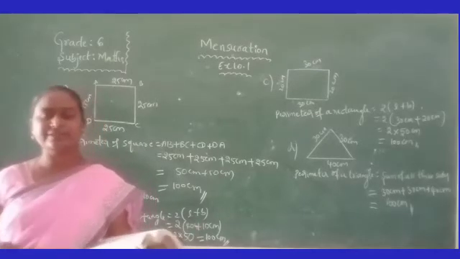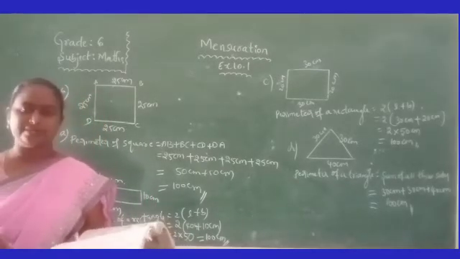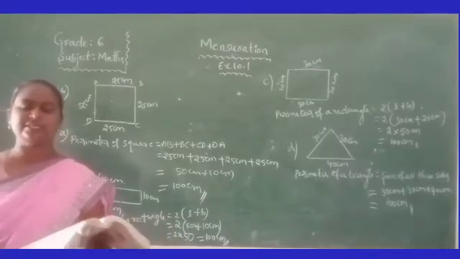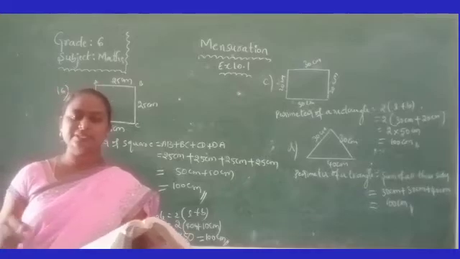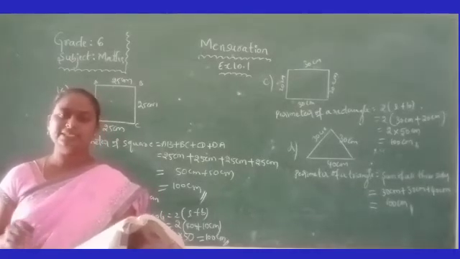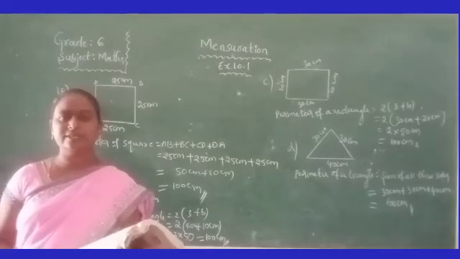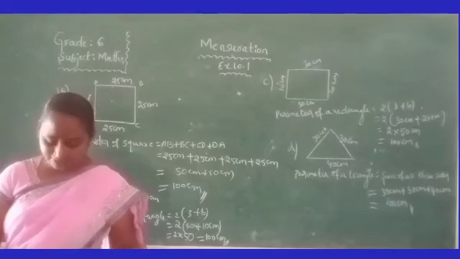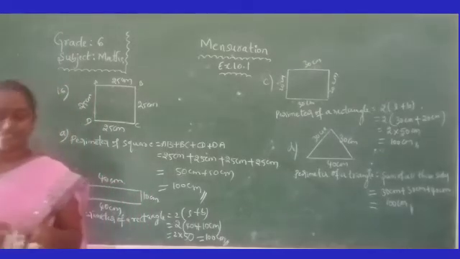He arranged them in the shape of a square. First question: what is the perimeter of his arrangement? He arranged the slabs in the form of a square. That square's one side is half meter. Then what is the perimeter of a square? Perimeter of a square means 4 into side. So that we have to find here.